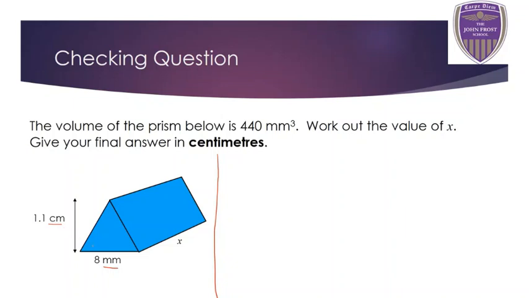I'm going to get them both in millimeters first, because I remember that 1 centimeter is 10 millimeters. So if I'm going from centimeters to millimeters, I times it by 10. So this here is actually 11 millimeters high. All right. And here's my cross section.